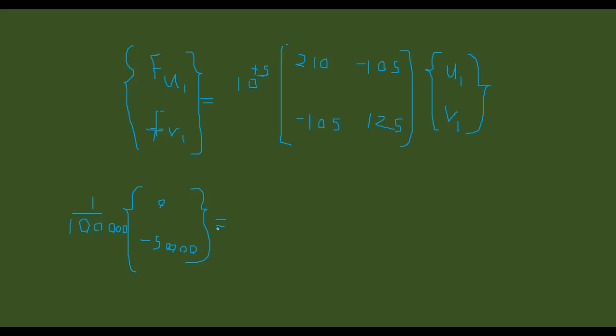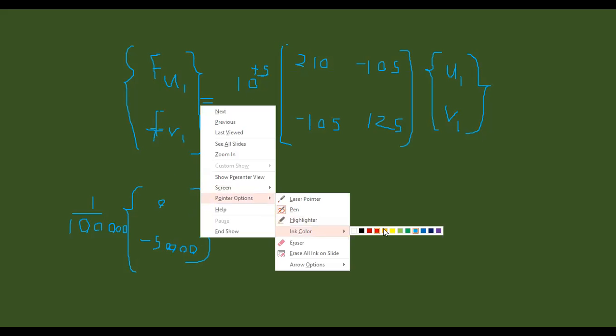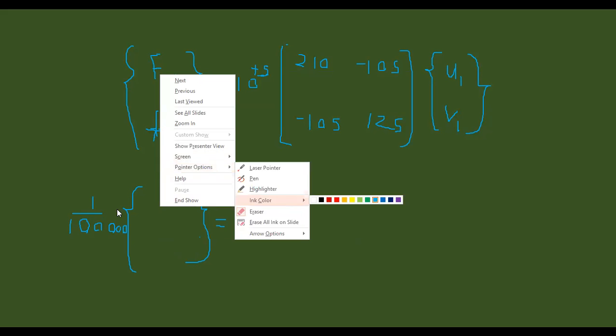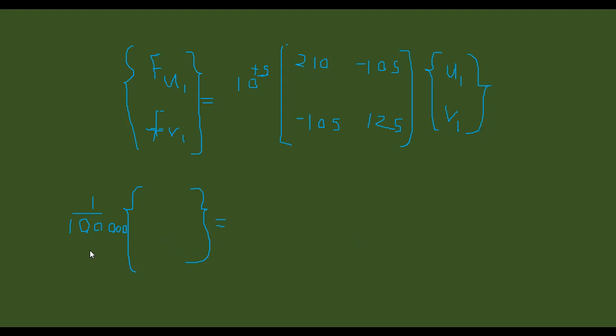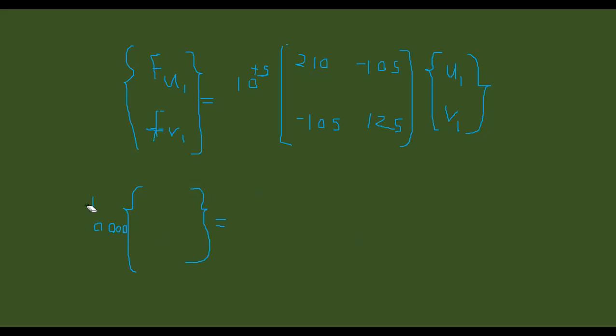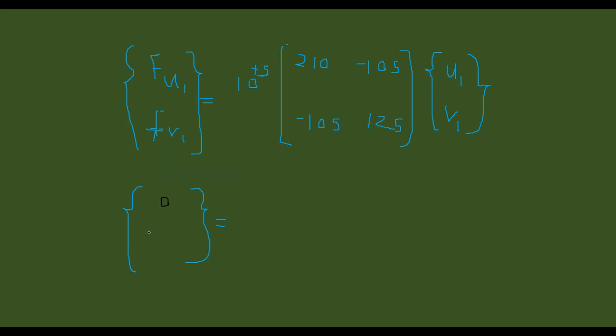Okay. So if you divide each element by 10 to the power 5, each element will be, this is still 0.